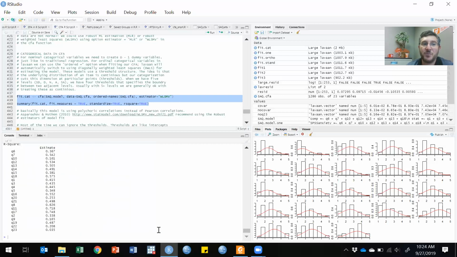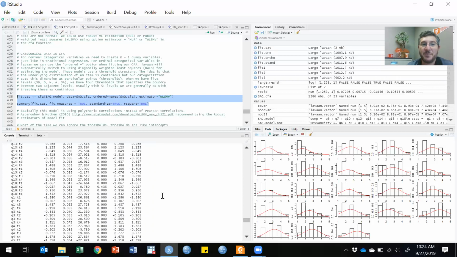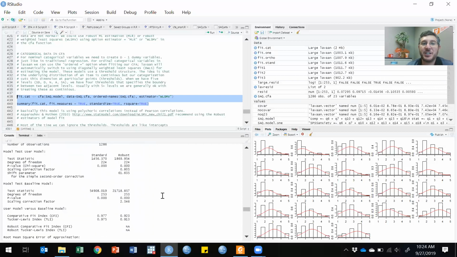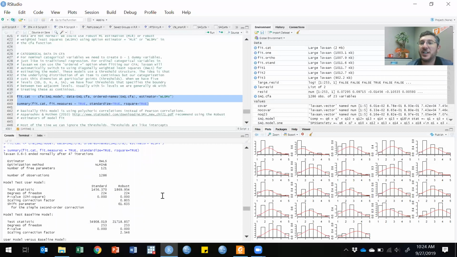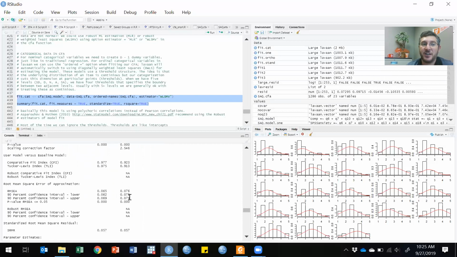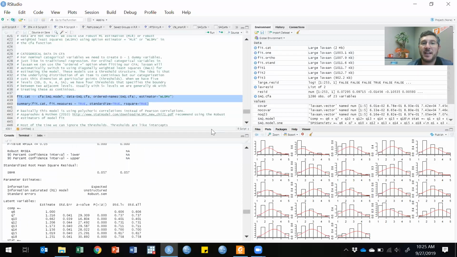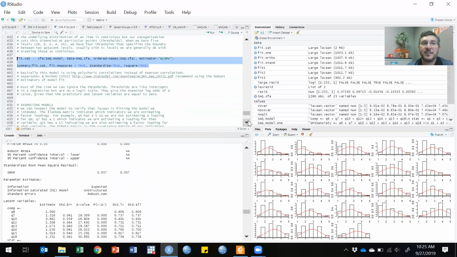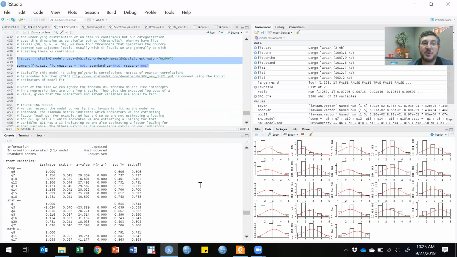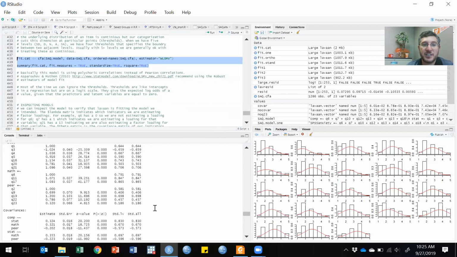You can read more about it. It takes a little bit more time to estimate, but basically we get the same results. If you're doing this, we would use the robust estimates over here on the side, and you can still interpret them in a similar fashion as we did before. Here are factor loadings for our variables. This is the one with question 23.